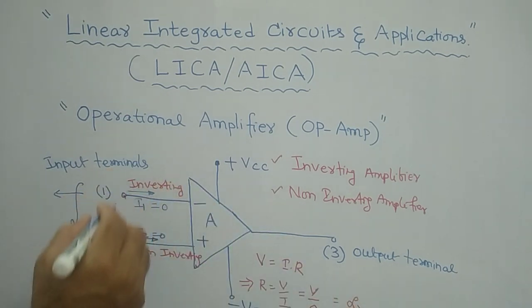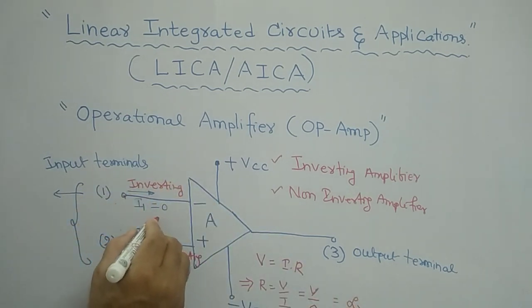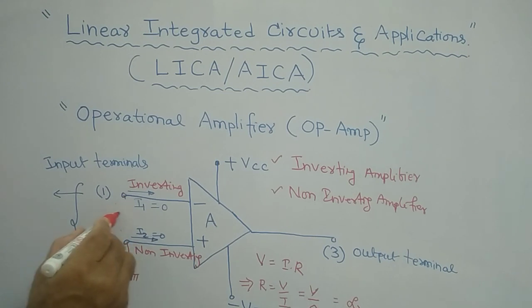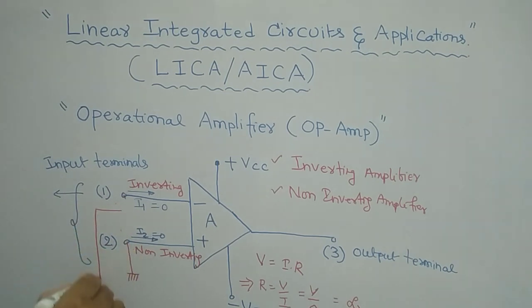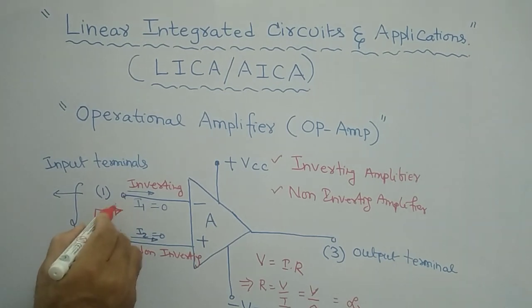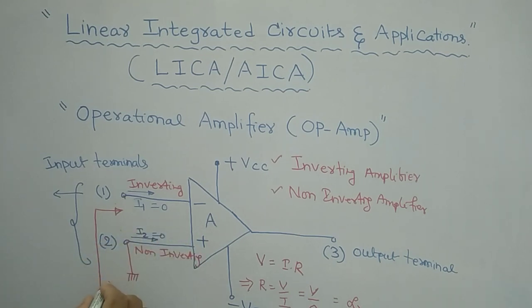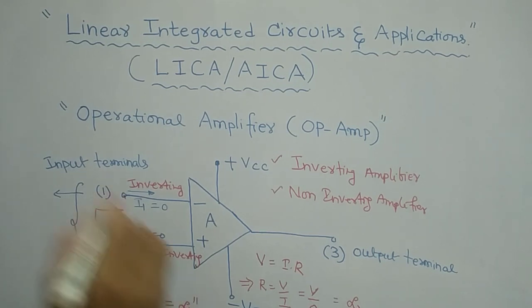What is R actually? R is nothing but your input impedance, considered at the input stage of the amplifier. This is R suffix I, meaning R input. Therefore, R input is actually infinite. That is one of the very important ideal characteristics of an operational amplifier.